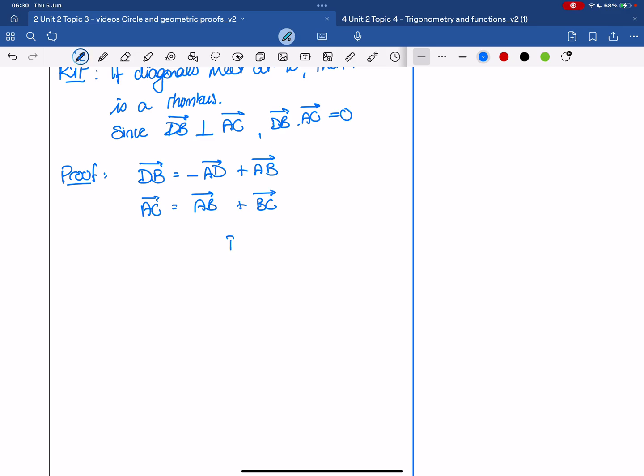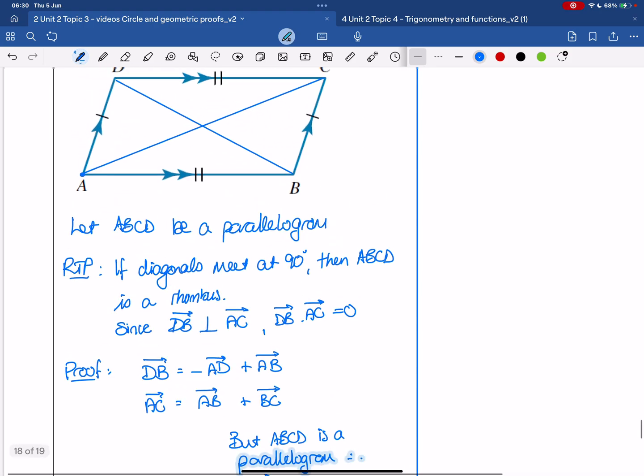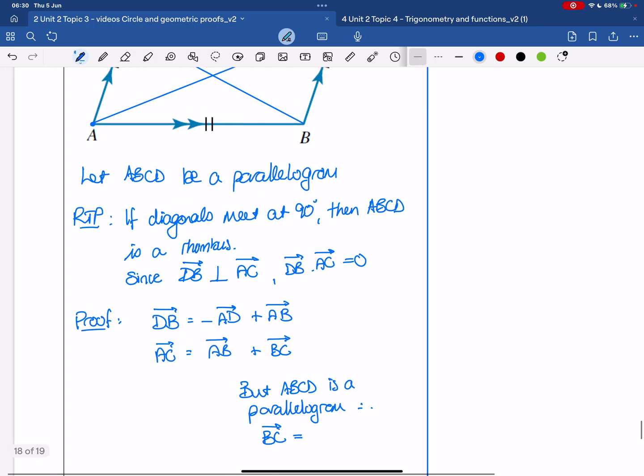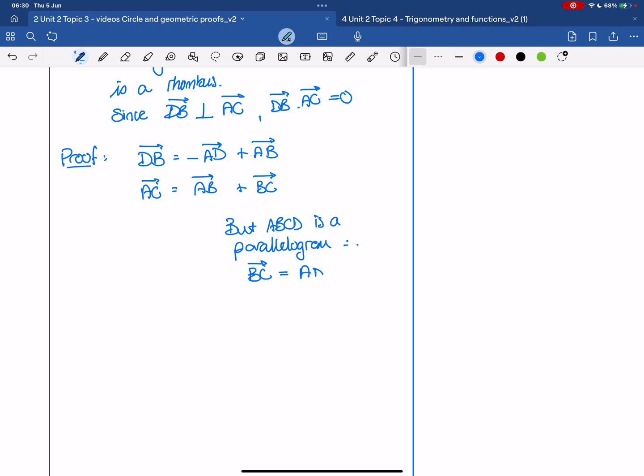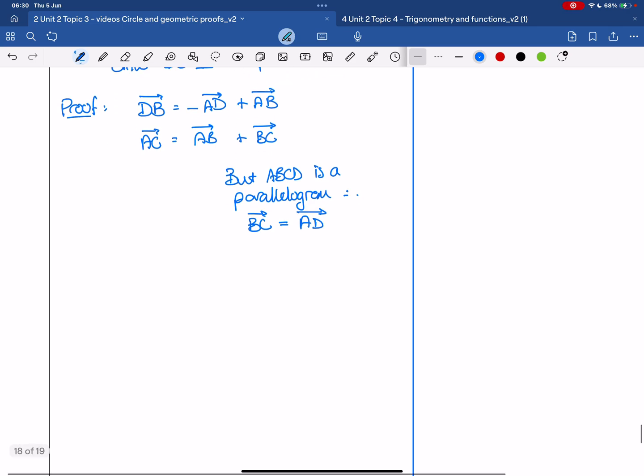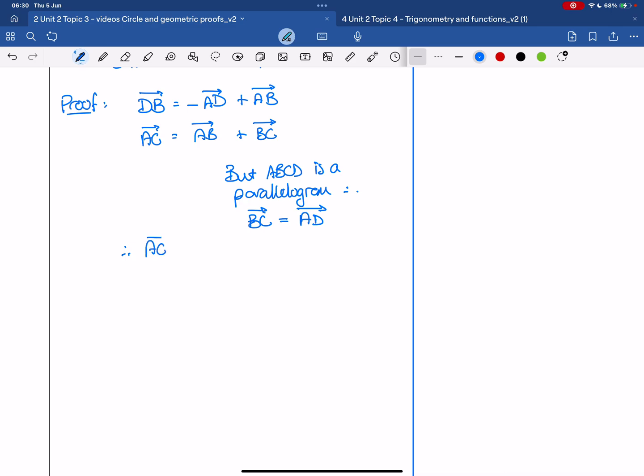Okay, but ABCD is a parallelogram. So therefore, BC is equal to AD. Okay, so therefore AC is going to be AB plus AD.